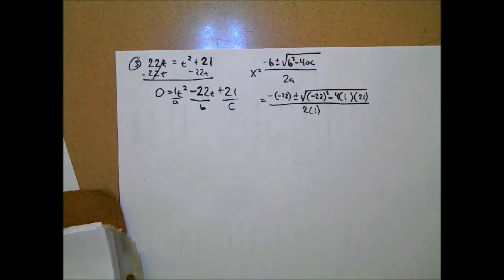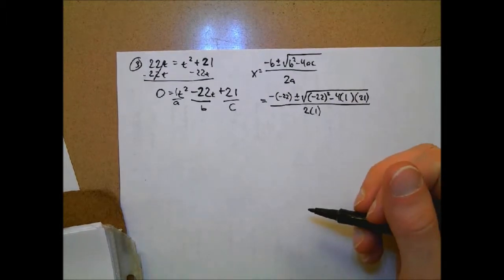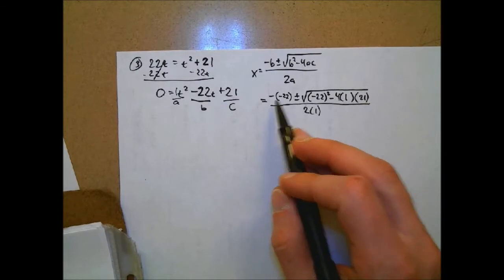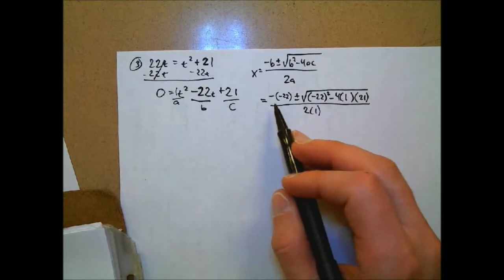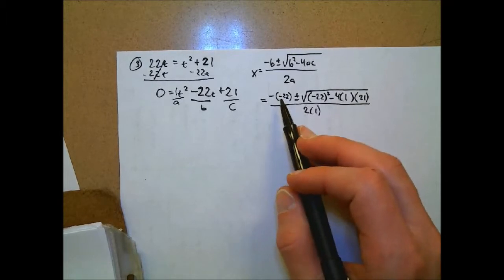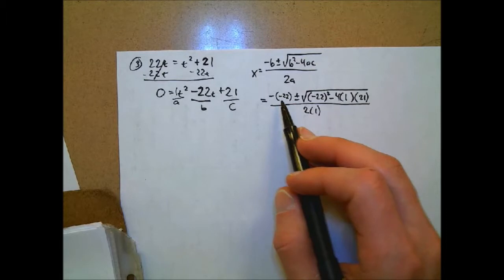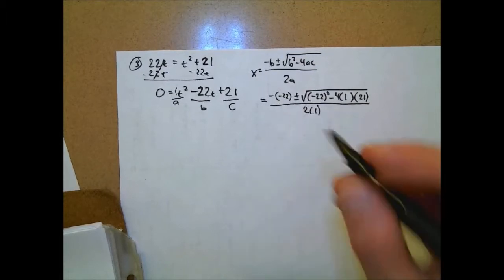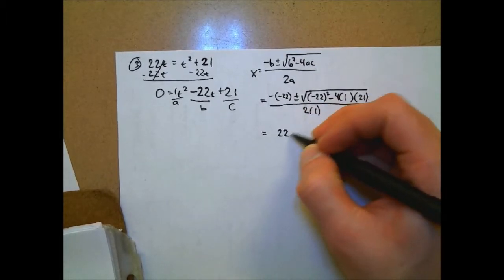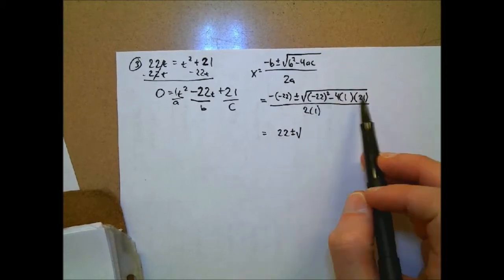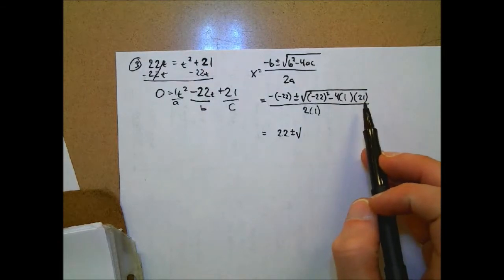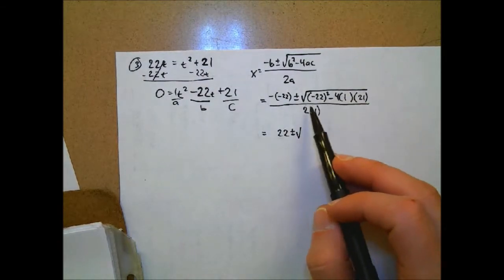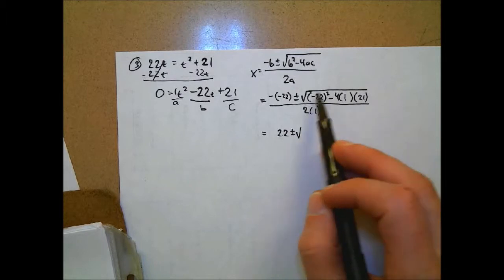All right, now let's simplify some of this. Jackson, negative 22, what does that actually simplify to be? Yeah, positive 22. Very good. Plus or minus the square root. Remember, this thing inside the square root is called the discriminant, starts with a D. Inside the square root, we're going to simplify the discriminant.